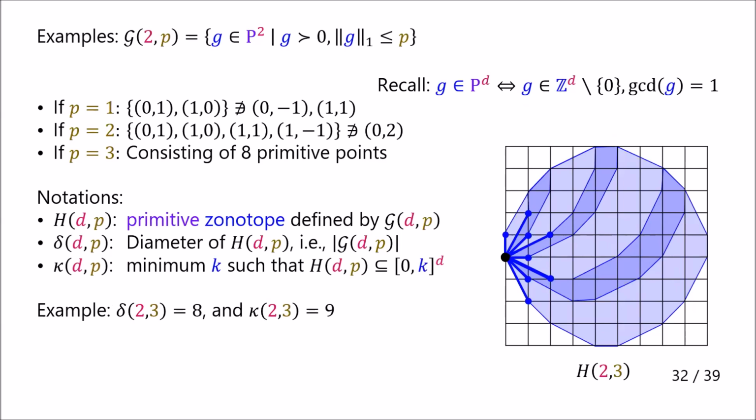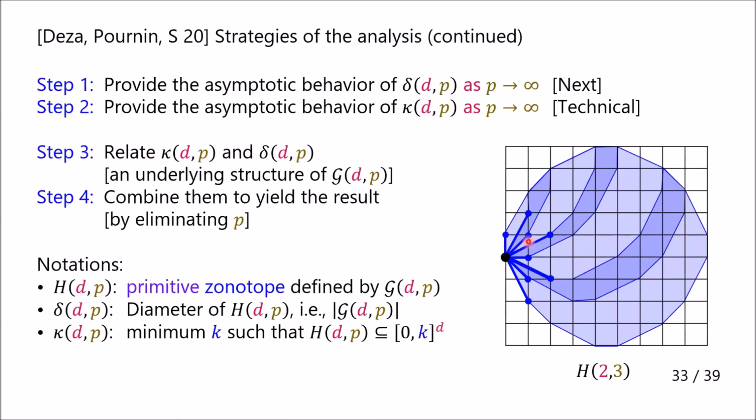So here is the outline of the analysis. First, we provide the asymptotic behavior of delta dp when p goes to infinity, and as I will explain in the next slide, one can apply a previously known elegant formula here.